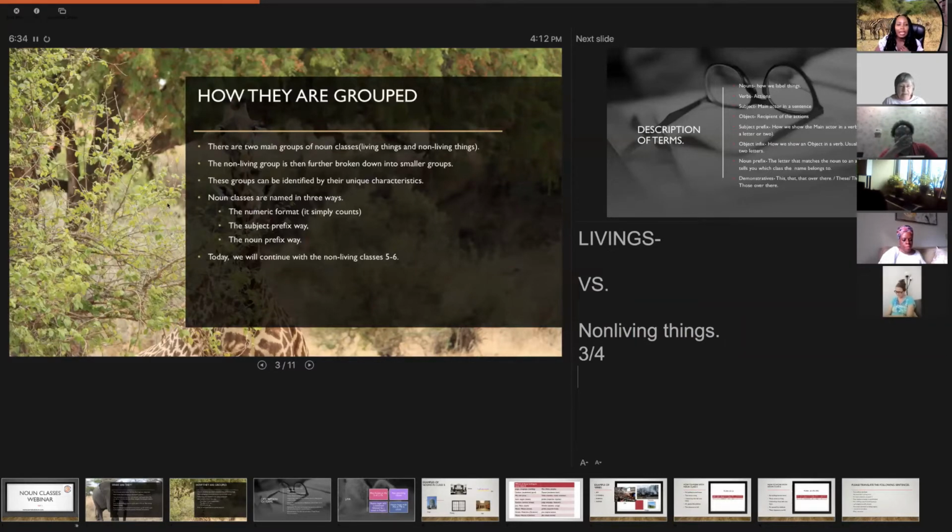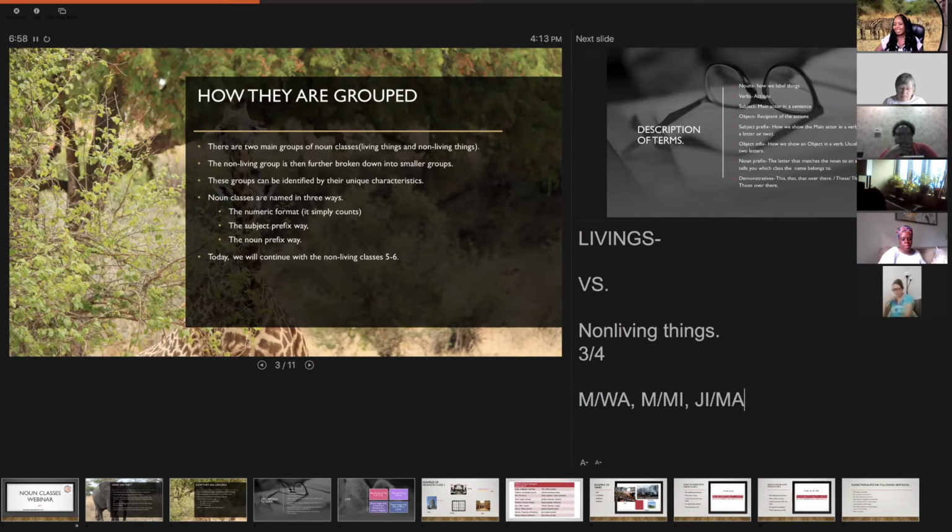Just so you know, noun classes are categorized in different ways. I like numbers. Sometimes I'll call them 3 and 4. Sometimes you'll see them as the subject prefix ways, that is the wa. Now today we are doing the ji, ma.